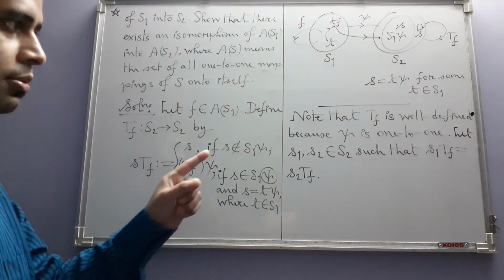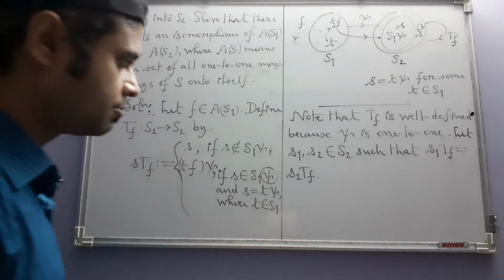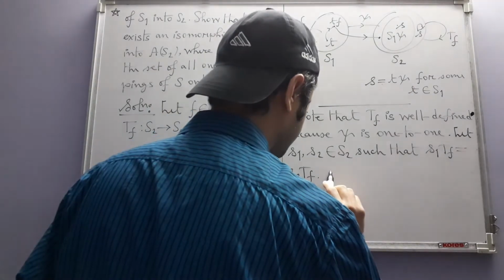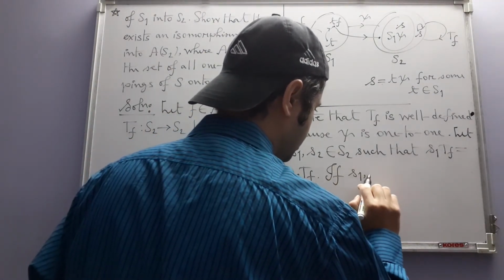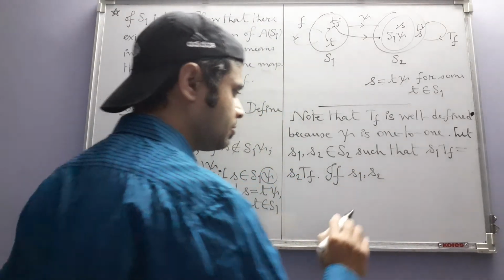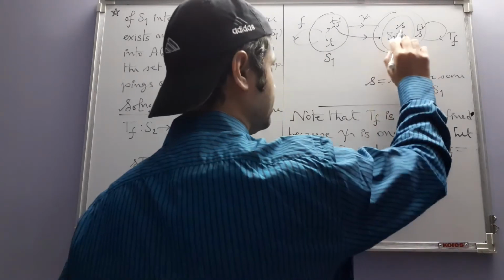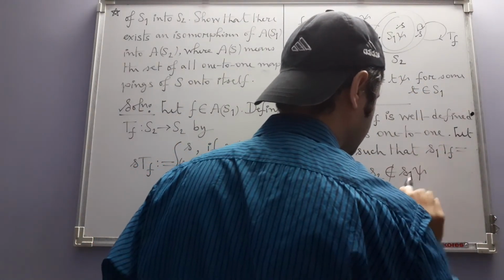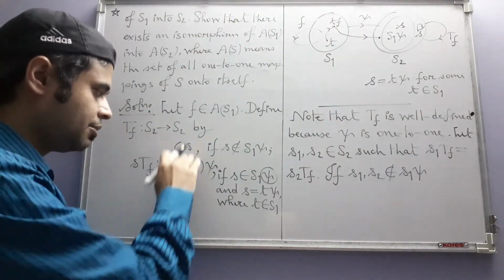Now if we can show that S1 is equal to S2, then that would imply that TF is 1 to 1. Now cases will arise. If S1 and S2 are both not lying in S1 psi, we have to consider these cases because that's how TF has been defined. It has been defined partly.